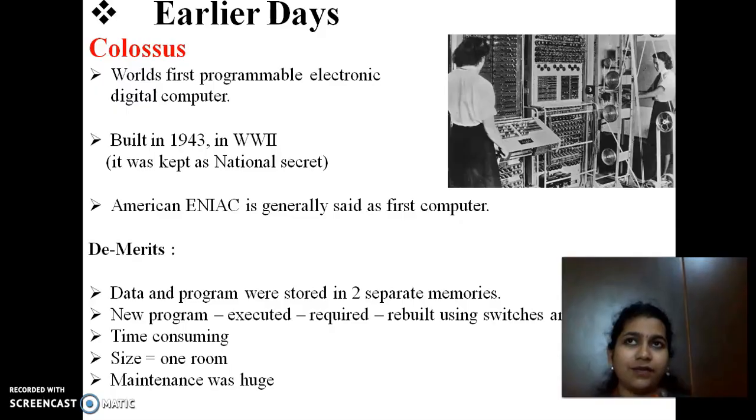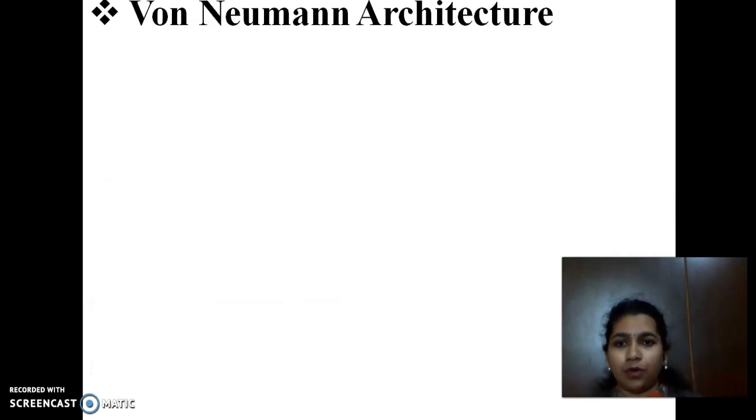Because if a dust particle gets accumulated on a certain electronic part, then it would dissipate heat and lead to damage to a particular component, and obviously it would give incorrect results. So these were the demerits of Colossus.